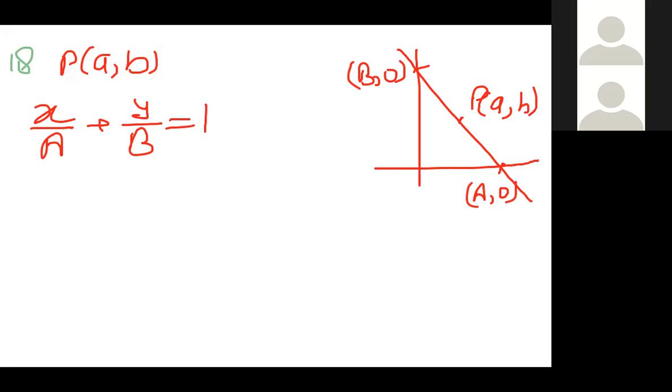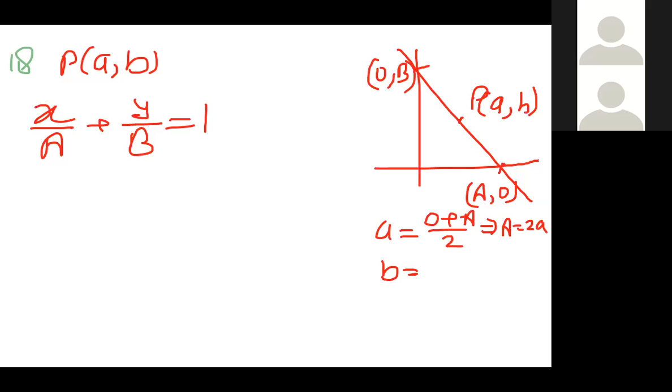So the midpoint formula says that A will be equal to x1 plus x2 by 2. So x1 is 0 plus x2 is capital A, by 2. So the value of capital A will be 2A.